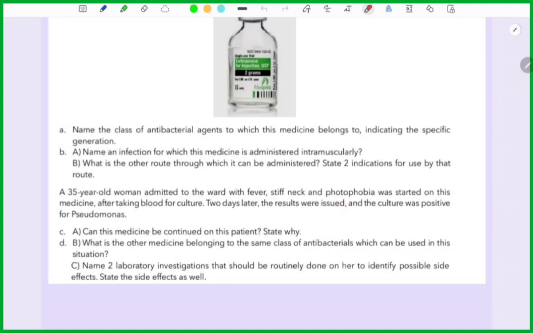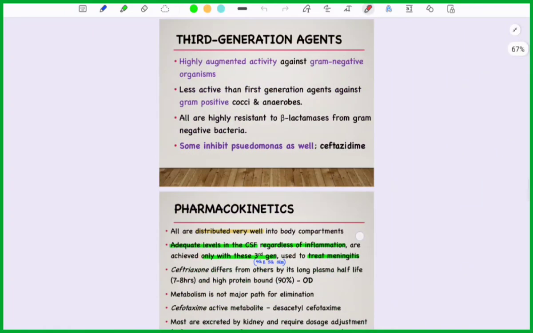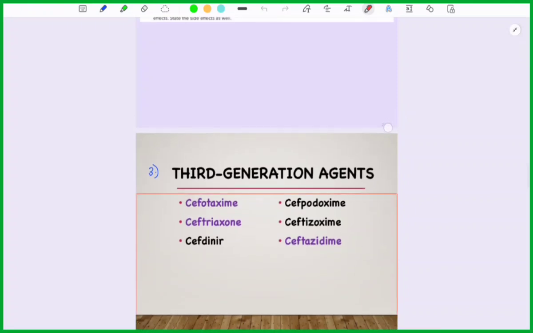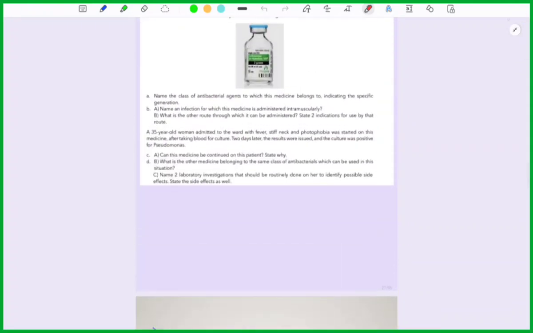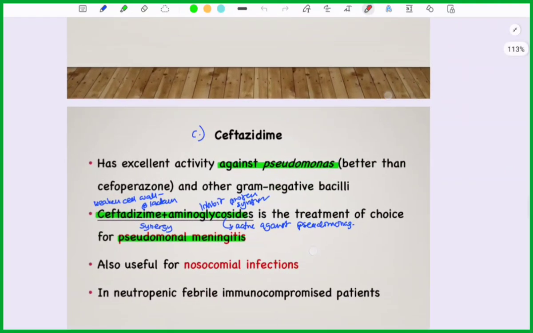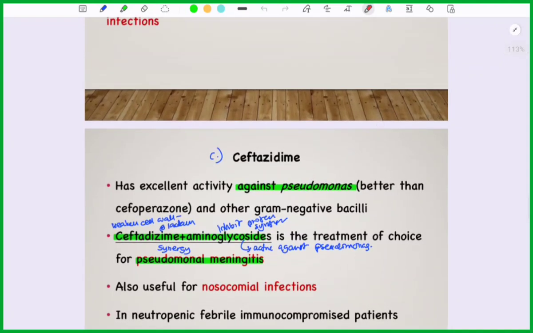Those are indicated for other bacterial meningitis. But there's a drug called ceftazidime, which is also a third generation cephalosporin, but it is effective against Pseudomonas.